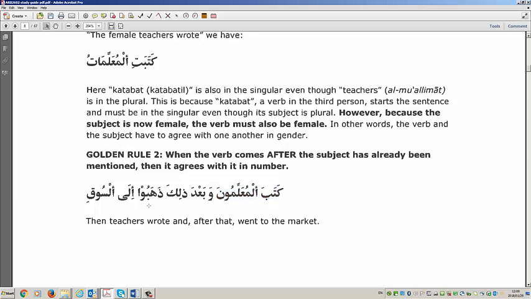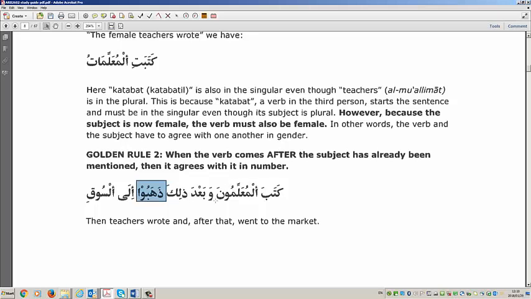But let's go on here. وَبَعْدَ ذَلِكَ, and after that, ذَهَبُوا إِلَى السُّوقِ, they went to the market. Here it says ذَهَبُوا, because it's plural, it can't be ذَهَبَ, which is singular. It must be ذَهَبُوا because mu'allimun has already been mentioned.